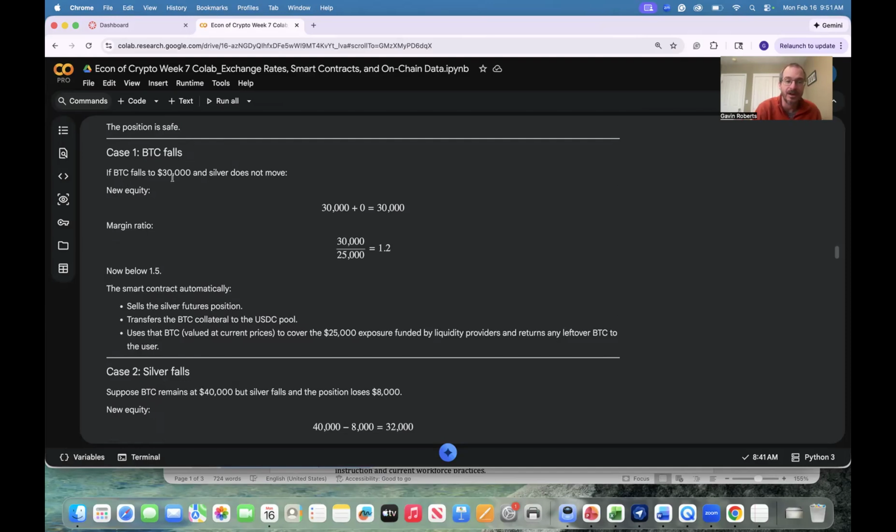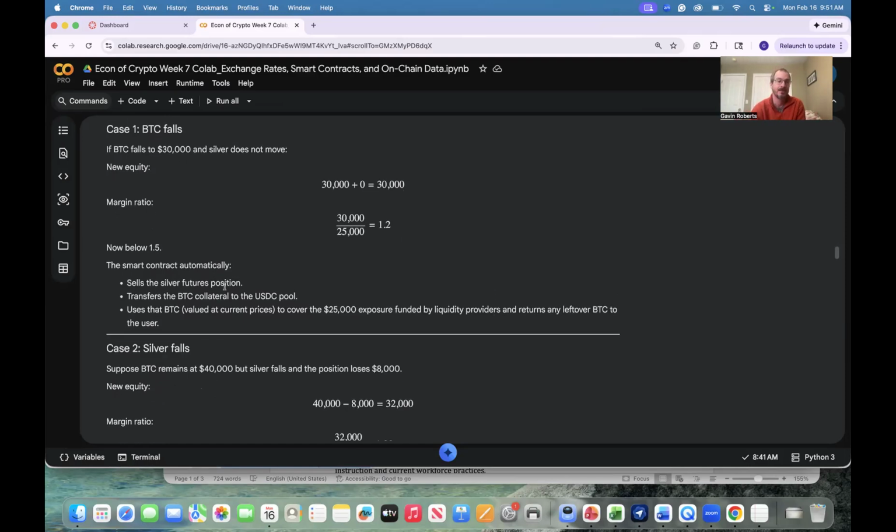Well, if Bitcoin falls to 30,000 and silver doesn't change at all for this part of the example, then 30,000 over 25,000 is 1.2. We've fallen below the 1.5 threshold. So the smart contract will automatically sell the silver position.